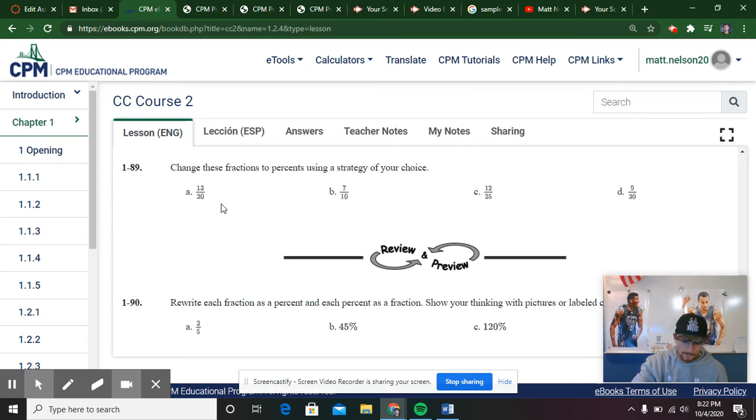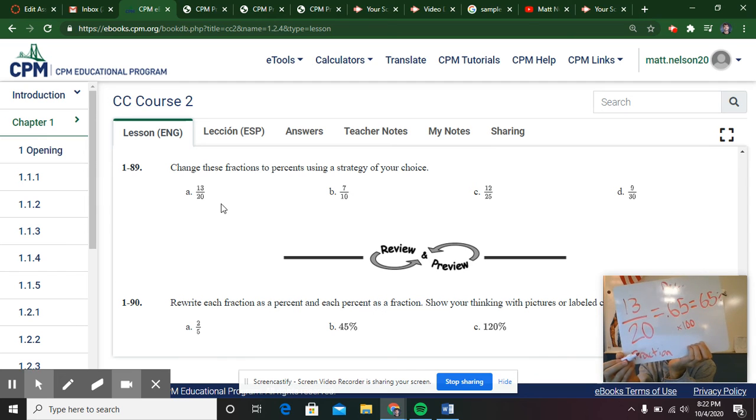My decimal, right? Because your decimal is going to be between 0 and 1, just like your fraction. But now we can write this as something out of 100. So instead of being 0.65, we can multiply by 100 or simply move this decimal place over 2 places. Either way, you're going to end up with 65%. Basically, we just got rid of that decimal.